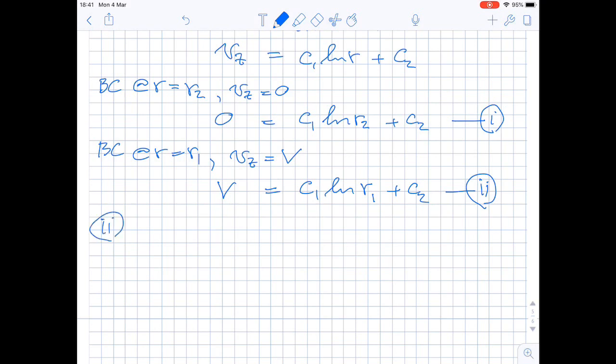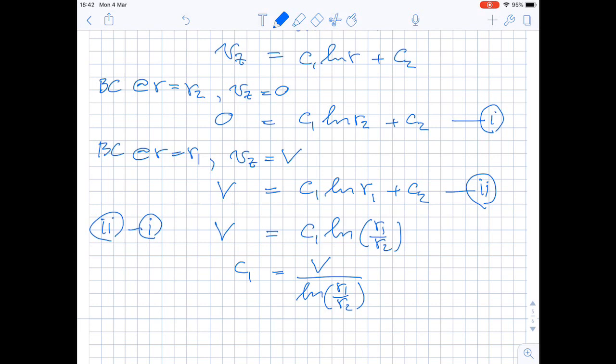If you take equation 2 subtracted by equation 1, c2 would cancel out, and you have V on the left hand side equal to c1 logarithm of r1 over r2, or c1 equal to V over logarithm of the r ratio, similar to what we got earlier, except the signs are a little bit different.